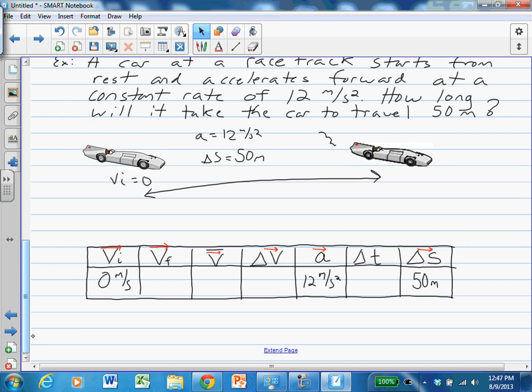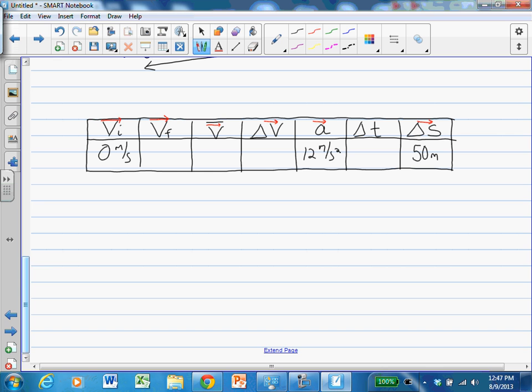The equations I have don't work, so I need bigger, better equations, or bigger equations, maybe not better. And in class, we'll derive these, but right now I'm just going to give them to you, other equations.